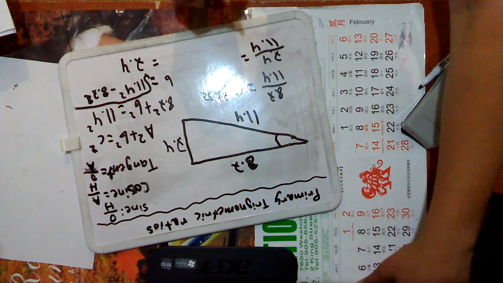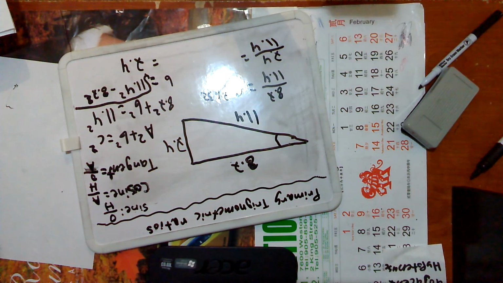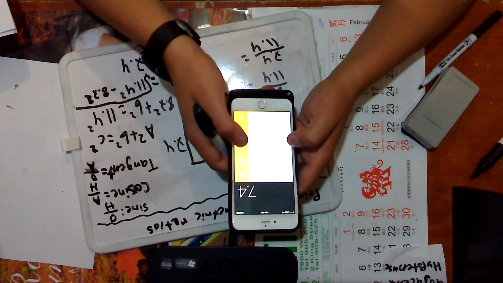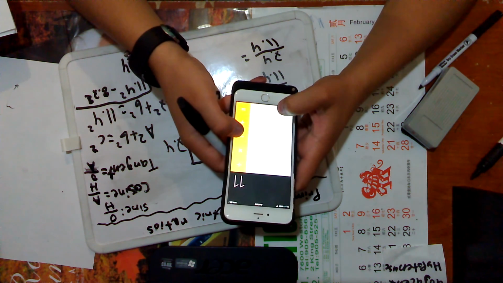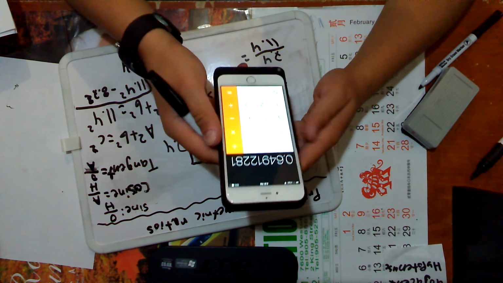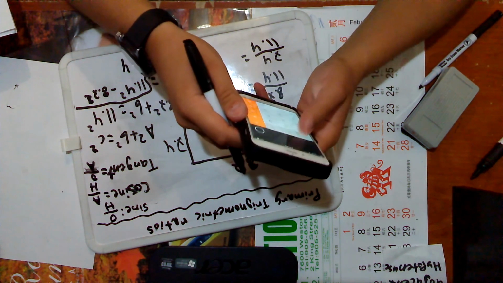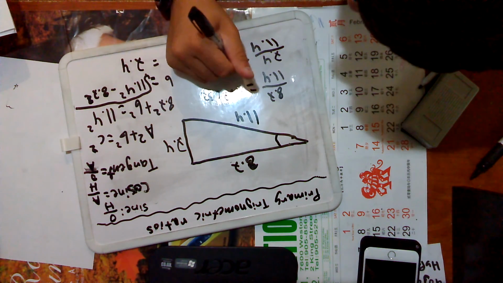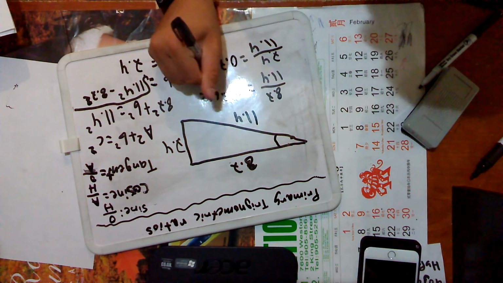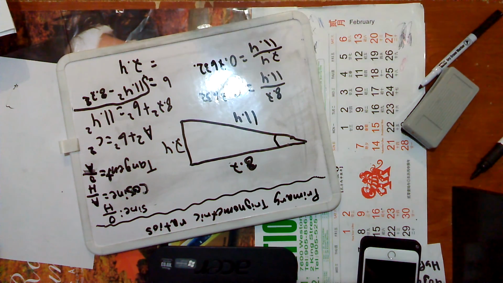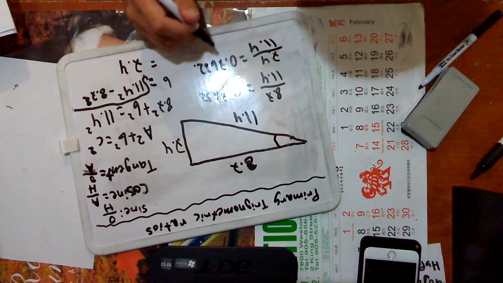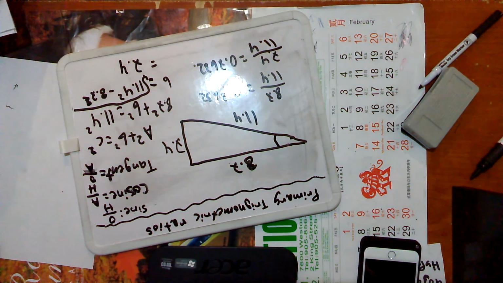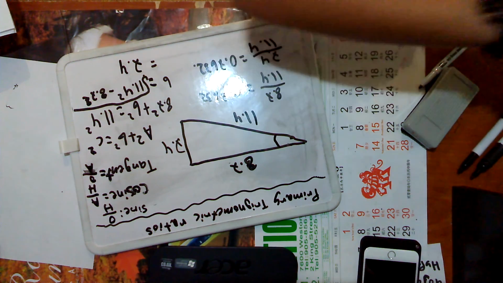Let's go on the calculator. 7.4 divided by 11.4 is 0.7632. Yep, same thing. It always occurs that way.